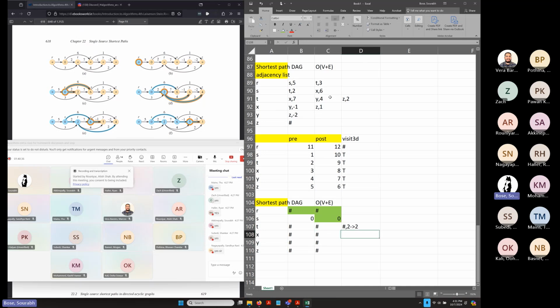Let me copy. So we are just looking at the outgoing edges of S, not over all edges. S to T currently is infinity, and it is going to be offered S to S plus ST, which is 2, so it becomes a 2.